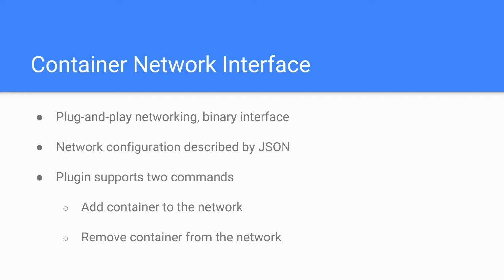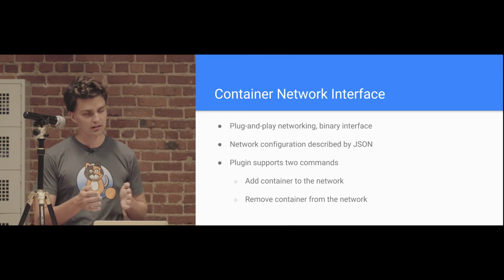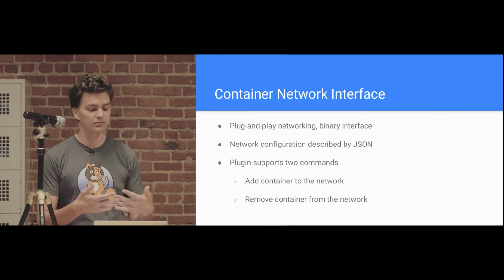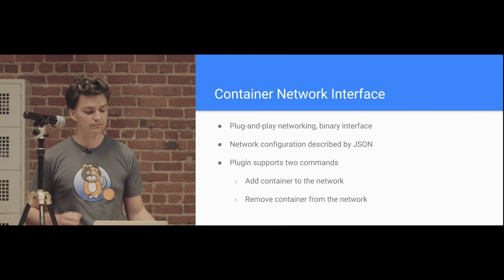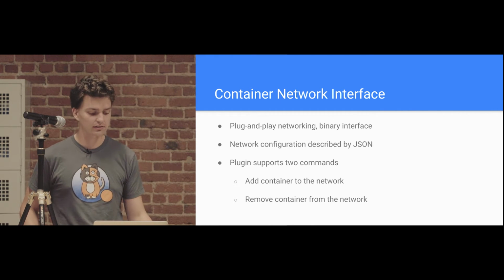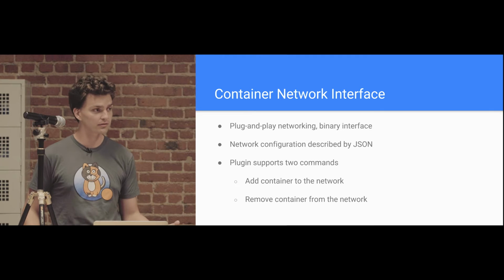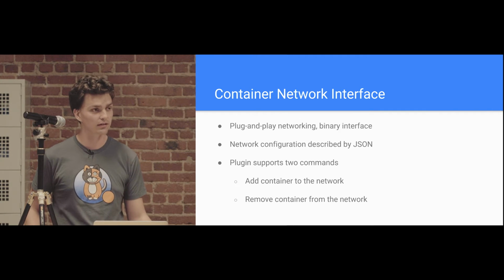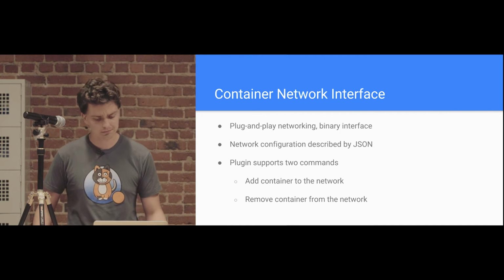So quick step back. The Container Network Interface is an abstraction between orchestrators and networking solutions that's meant to ease that boundary and make networking more pluggable. Canal uses this, Flannel uses this, Calico uses this, as well as a whole bunch of other networking solutions.